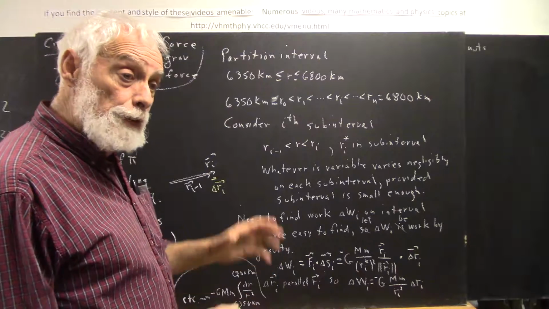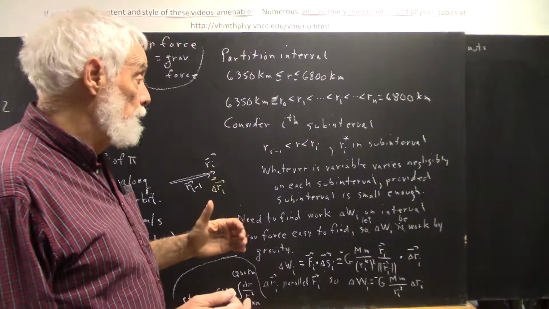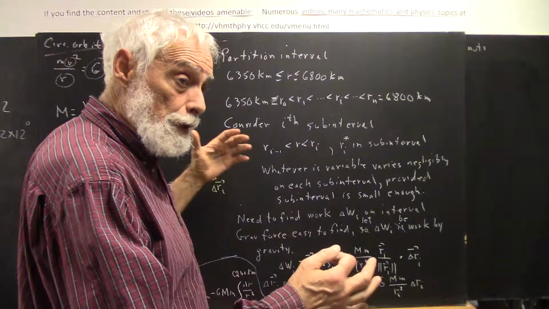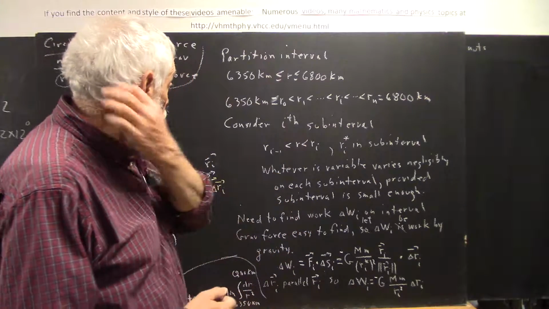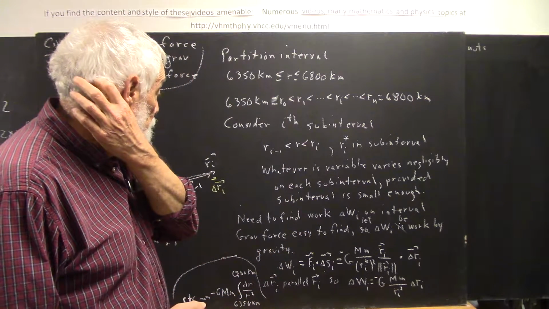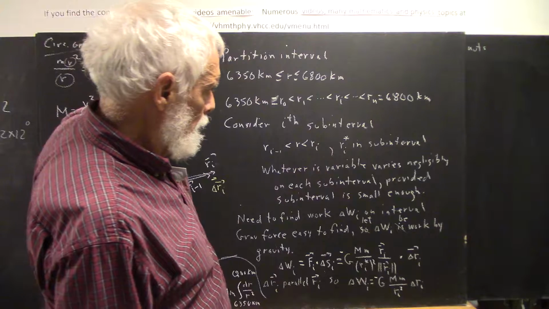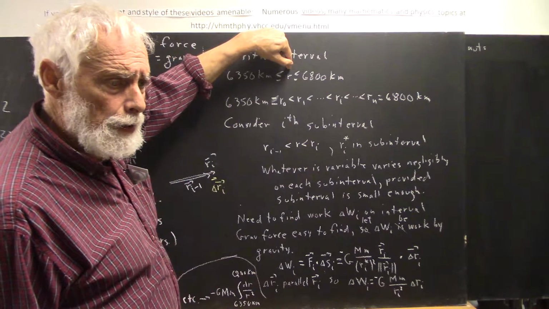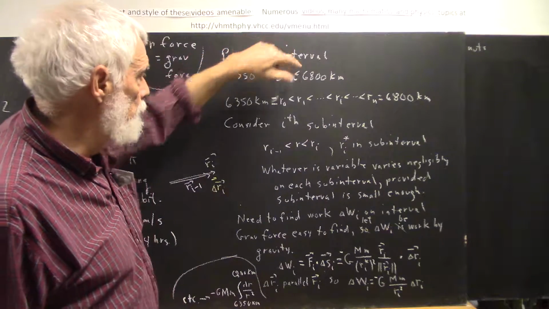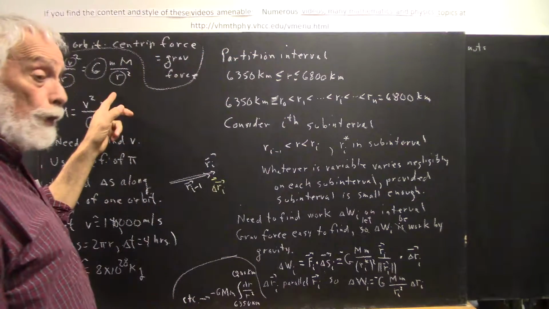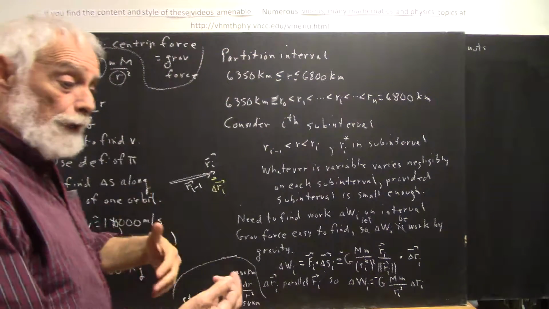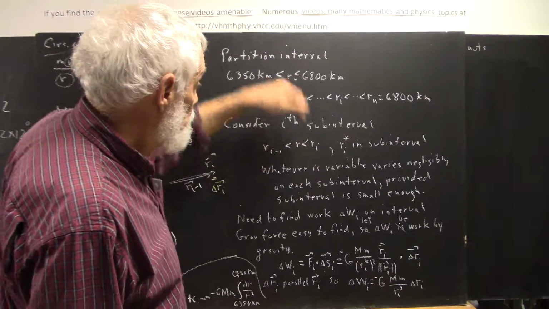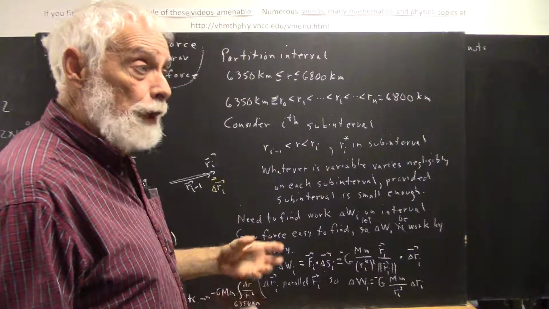Now, of course, we understand where we're going with this. We understand that we're going to shrink these intervals. We're going to shrink all the intervals down in some uniform manner, so that the variations in the thing that we're trying to calculate, in this case the force exerted by gravity on a given interval, don't change very much.